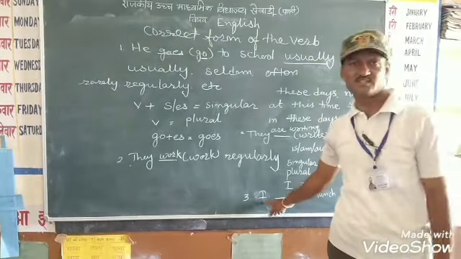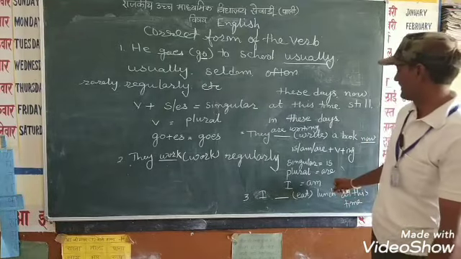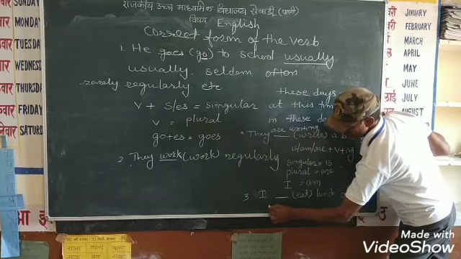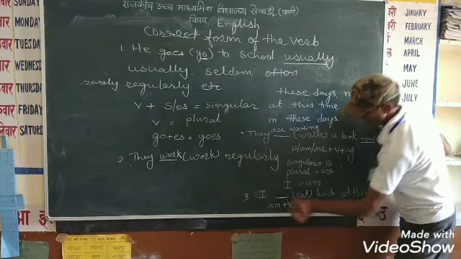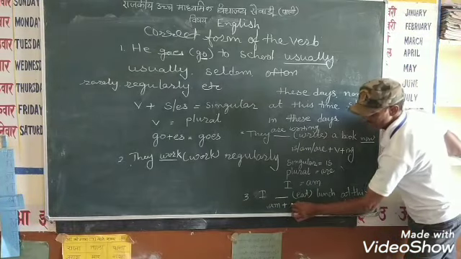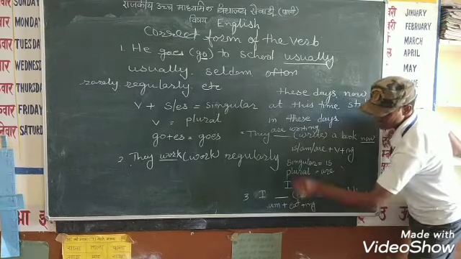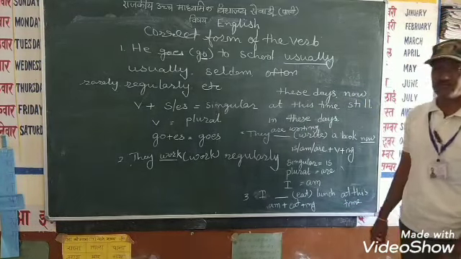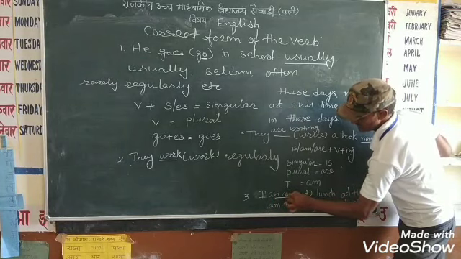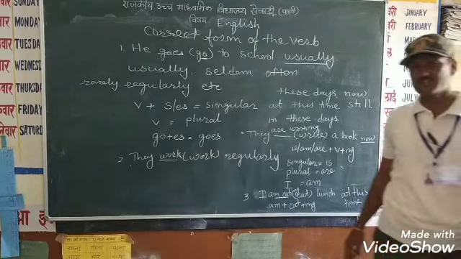Our subject is I, so we use I plus am plus verb plus ing. Our verb is eat plus ing. Then our answer will be I am eating lunch at this time.